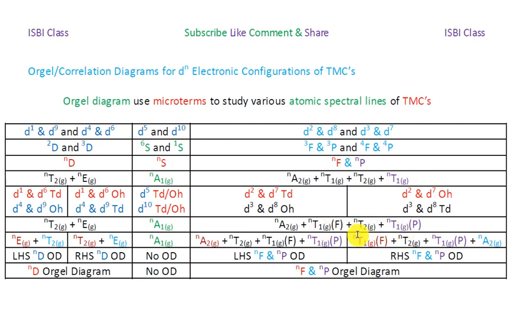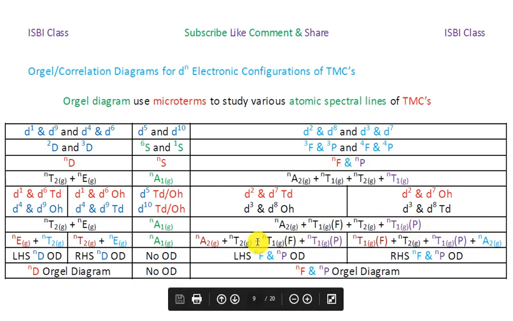These two are arising from different terms. This is arising from the F term, that's why I have written F in brackets. This nT1(g) microterm is arising from the P term, that's why I have written P in brackets. Let us see the left hand side and right hand side of the Orgel diagrams.